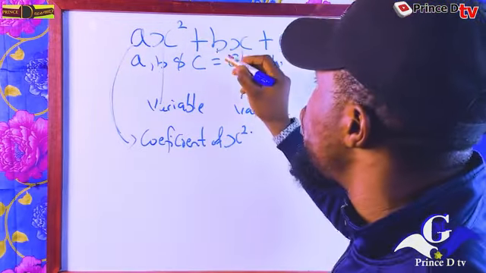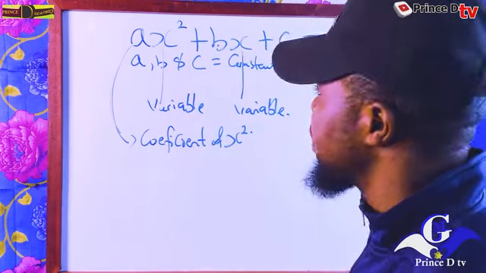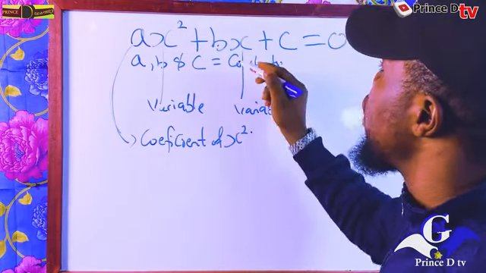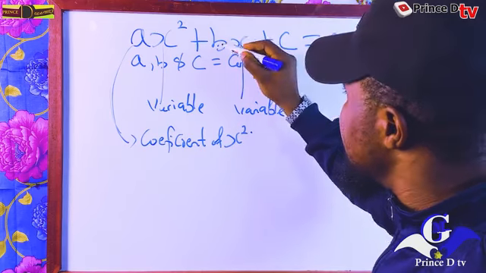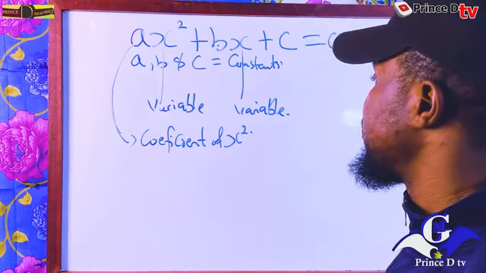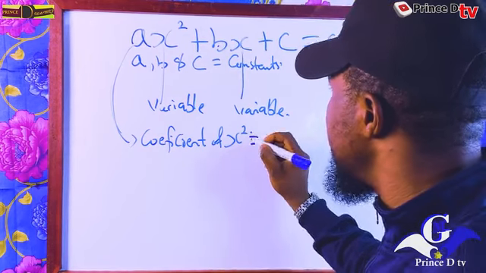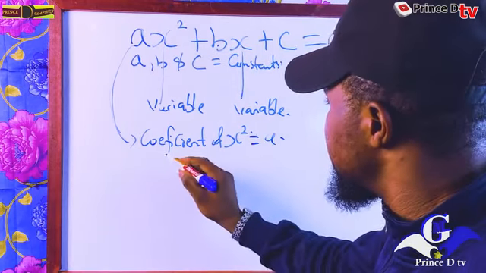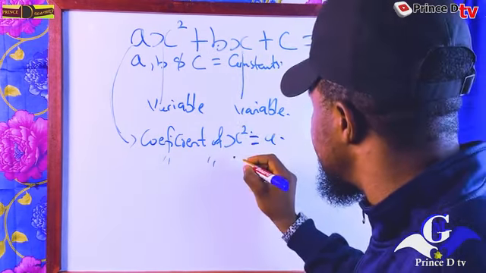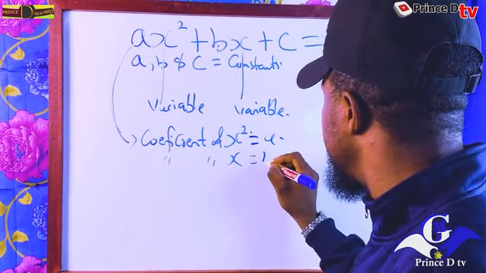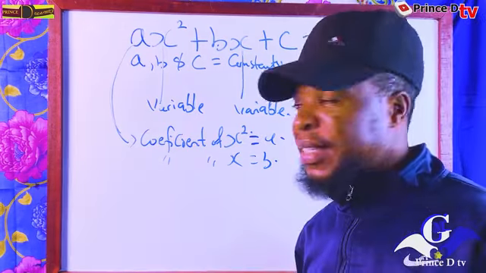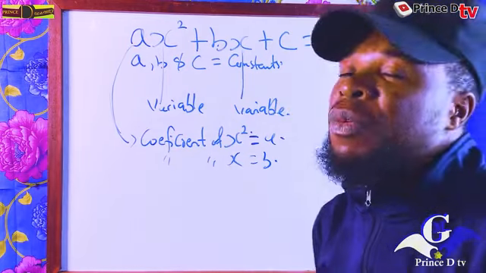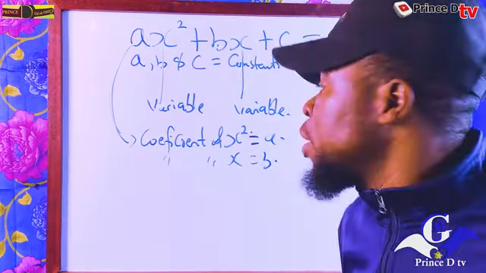Now, the coefficient of x, remember this variable is x squared, this variable here is x. The coefficient of x is b. So, the coefficient of x squared is a, that constant a, and the coefficient of x is b. And of course the constant, which is just standing alone, is a coefficient on its own.